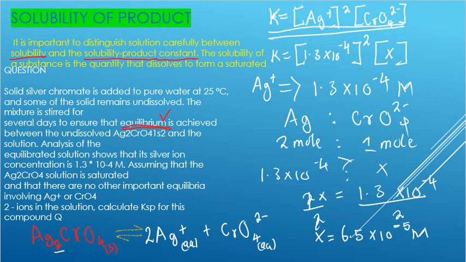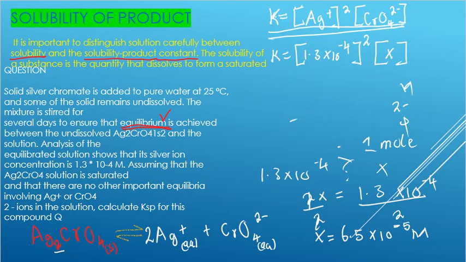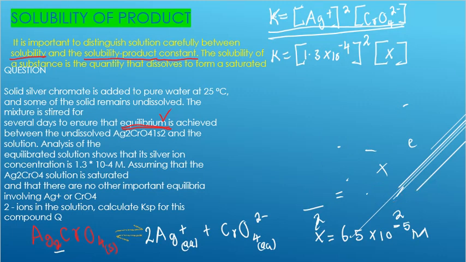So this is the concentration of chromate. So now, since we have everything, we can now do our calculations. Okay, so you take note of that value.